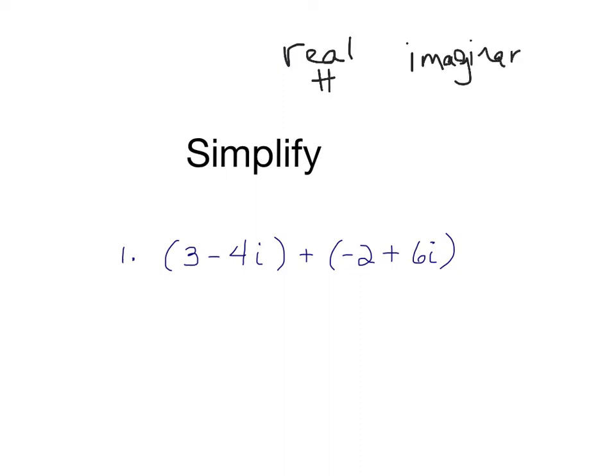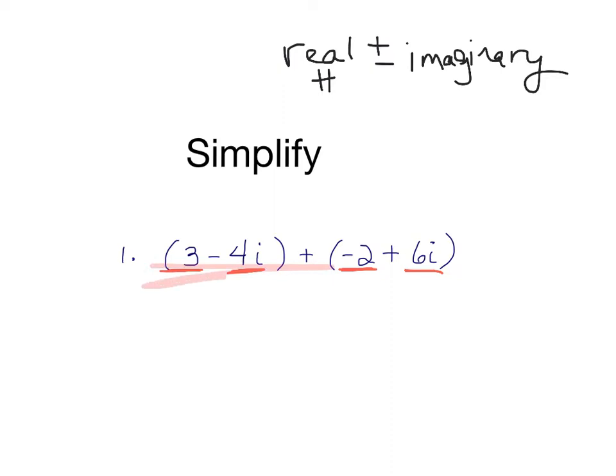So we're going to write real first, then plus or minus depending on the sign, and then the imaginary number. Notice both of these complex numbers have a real number first and then the imaginary second. That's how we're going to write our answers.